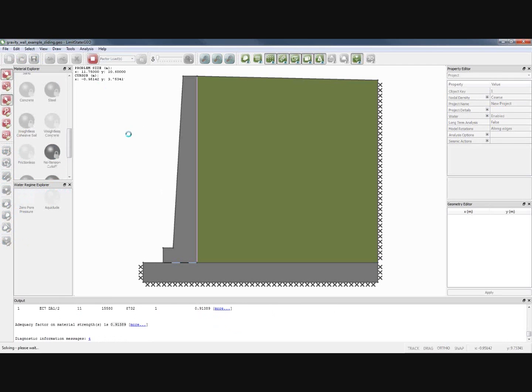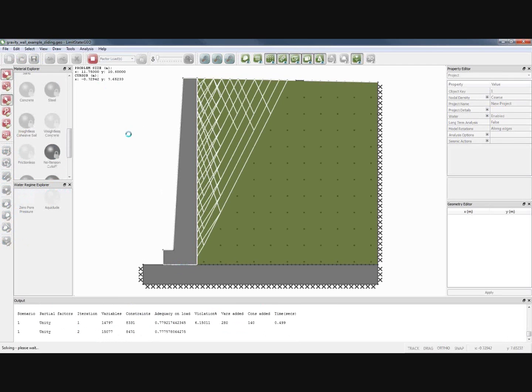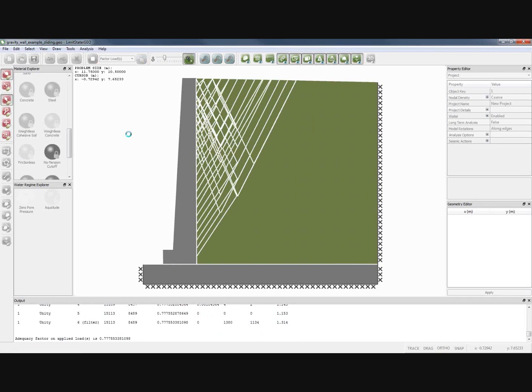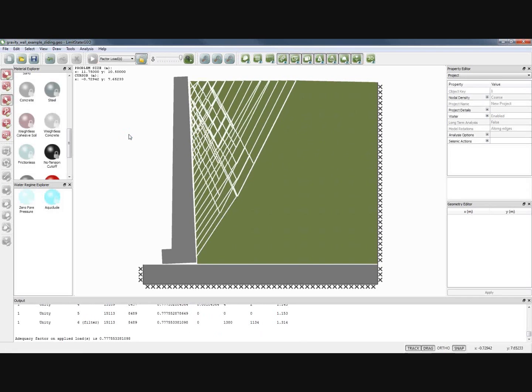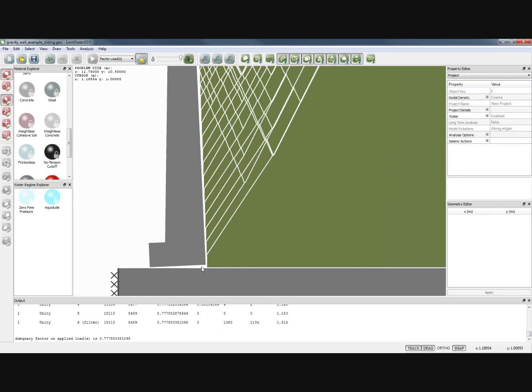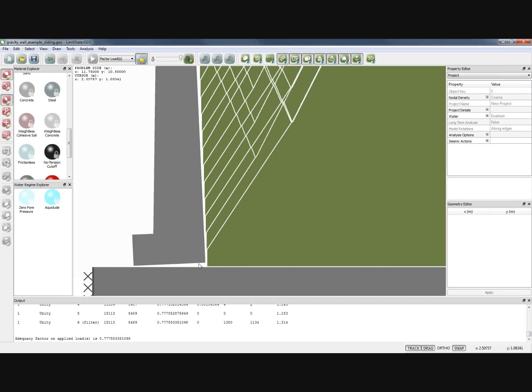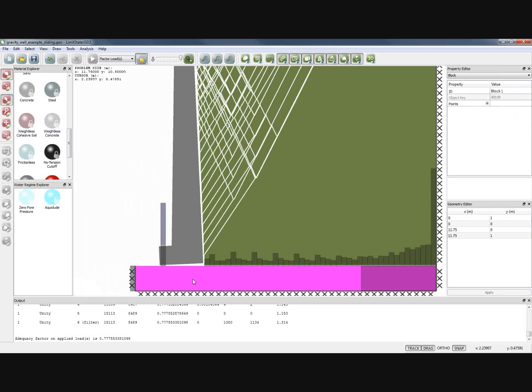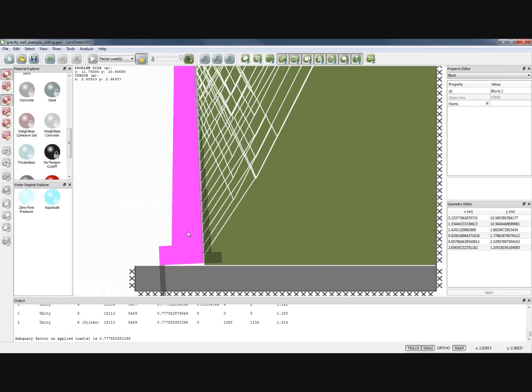So I then solve that problem. I get an adequacy factor of around about 0.77, which shows that it isn't stable in its current state, and I get a toppling failure. We can see the gap forming here. Now I'll get toppling failure because the material model down here is a rigid material, so it's like modeling on rock.